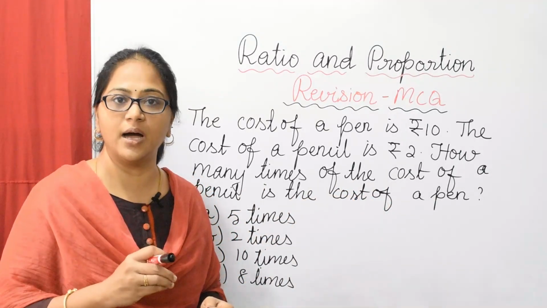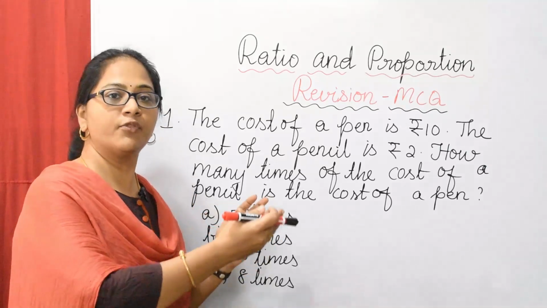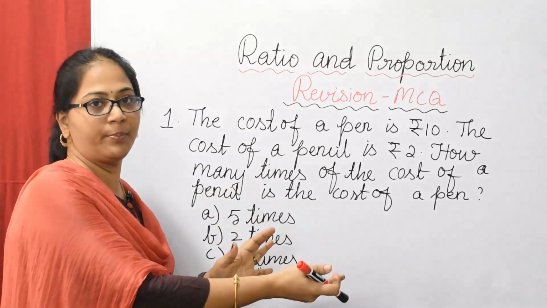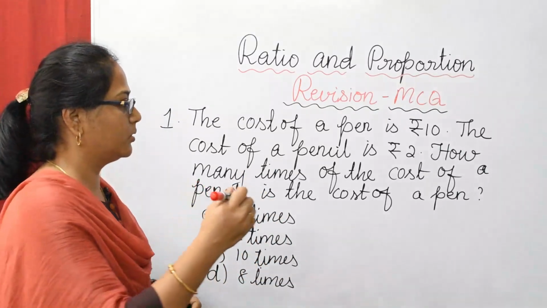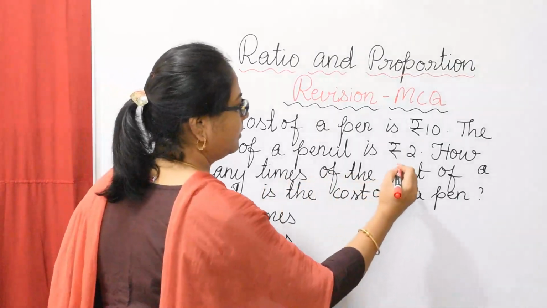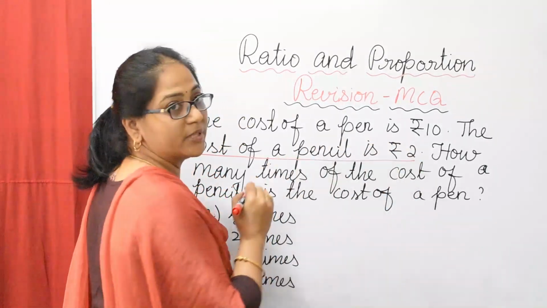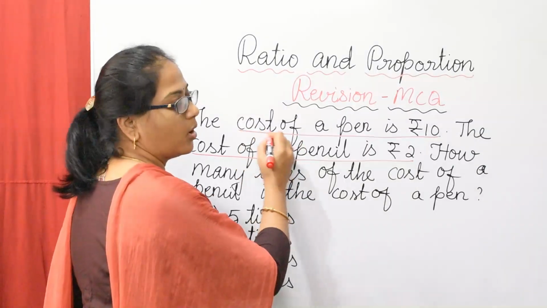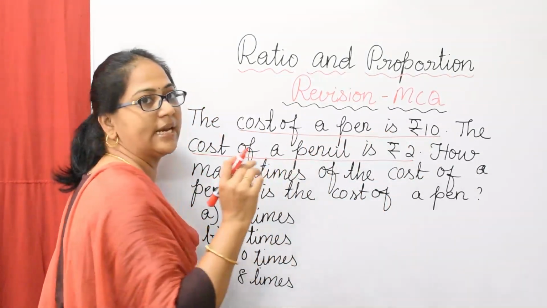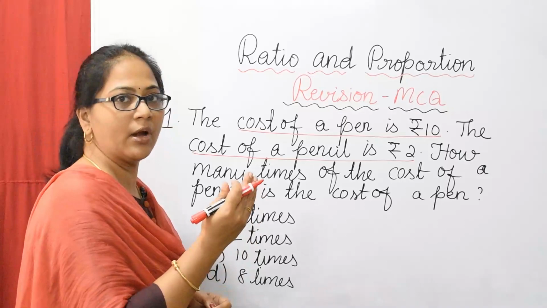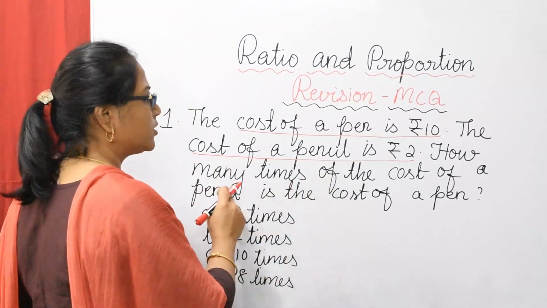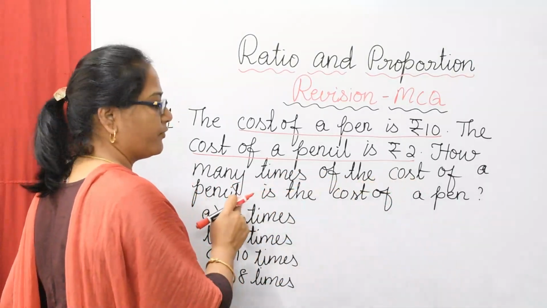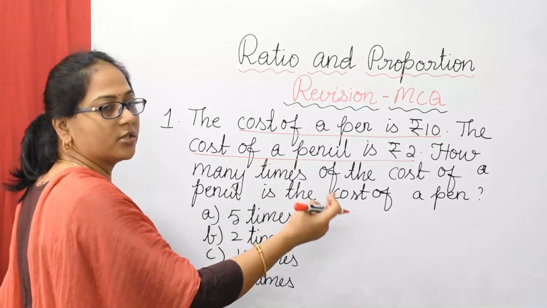So we have been asked to compare cost of a pencil to cost of a pen. Understood? So now cost of a pencil is rupees 2, and cost of a pen is rupees 10. Now we are going to compare how many times of the cost of a pencil is the cost of a pen.